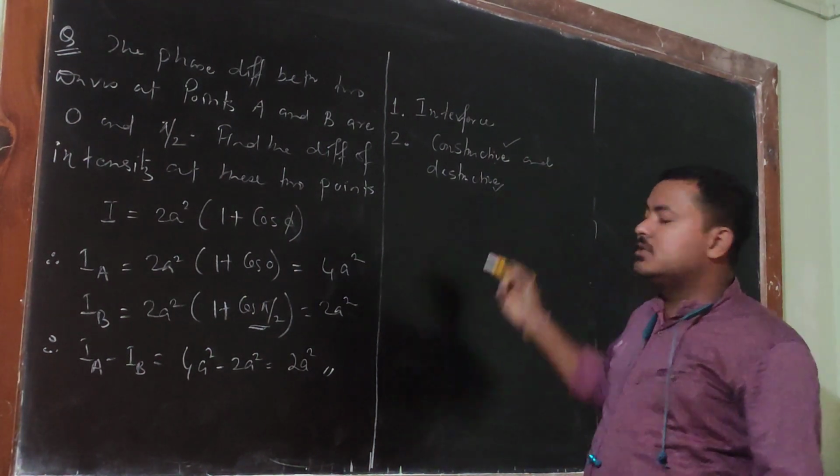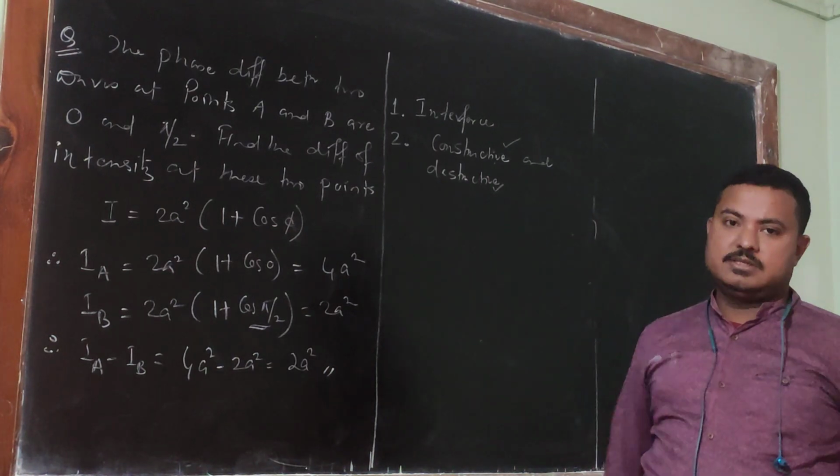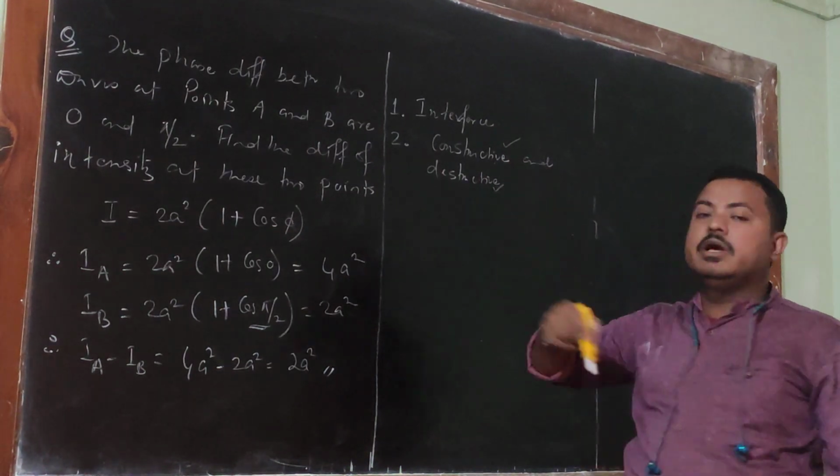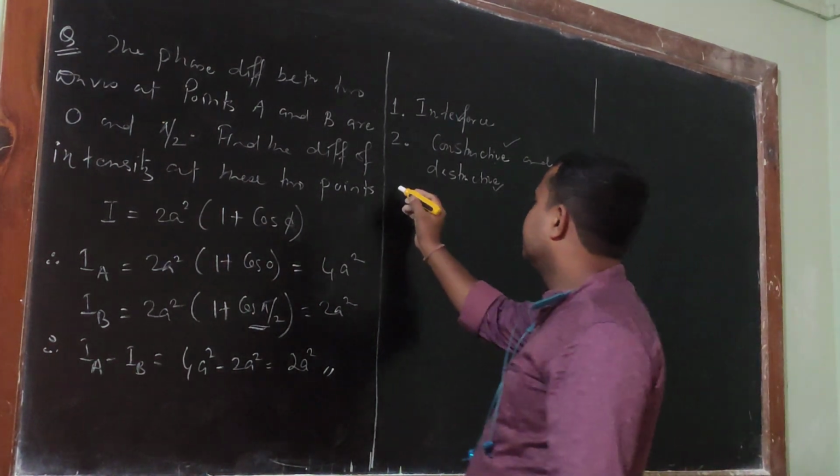In destructive interference, two waves meet in opposite phase, so that gives you minimum intensity. Because of this, you will get alternate bright and dark fringes on the screen.